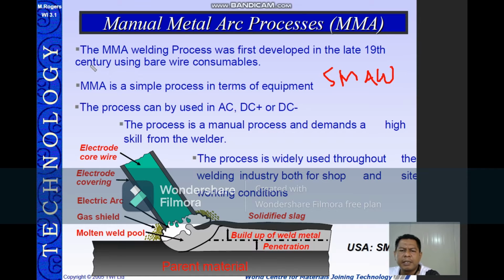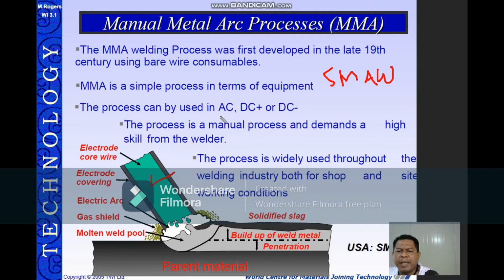Okay. So the welding process was first developed in the 19th century using a consumable wire. So this is the consumable. The MMA or SMAW welding process is a very simple process, and we also call it manual welding.